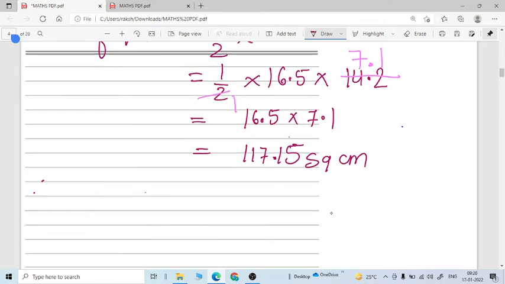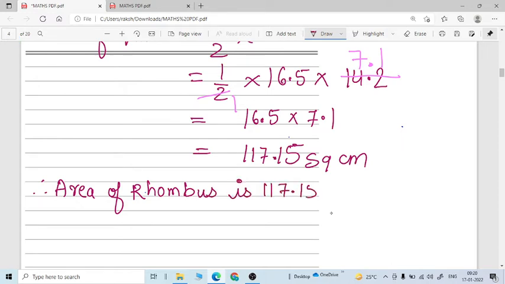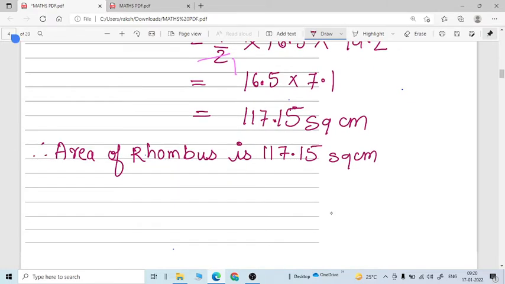Therefore, the area of the rhombus is 117.15 square centimeters. Students, pause the video and read question number 3.